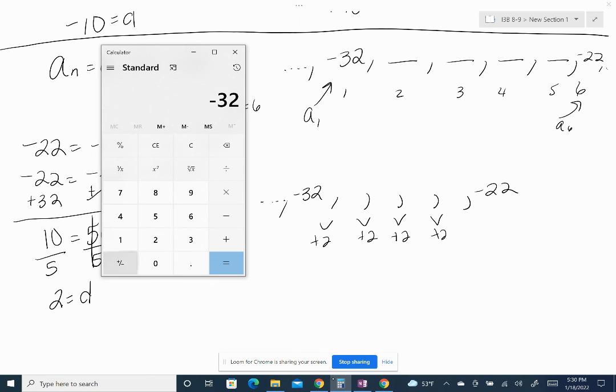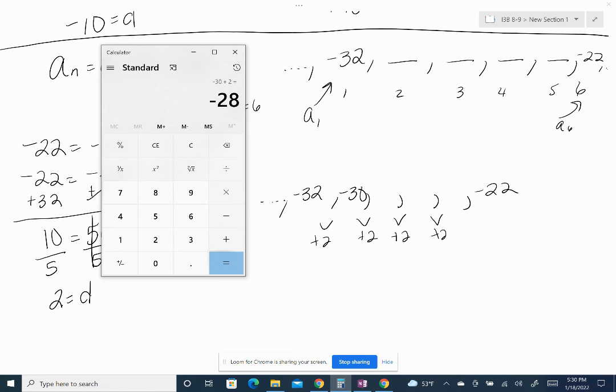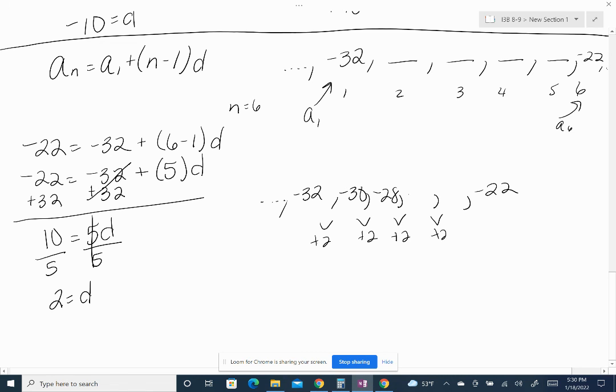So let's say I have negative 32 plus 2 gives me negative 30, plus 2, negative 28, and you can continue this pattern until you get to negative 22. Your answer would actually be these numbers right here. So your answer is not d. Your answers are the blanks.